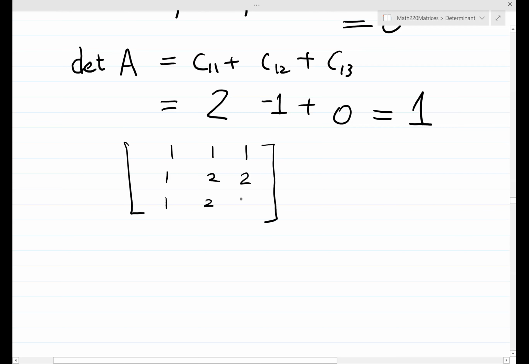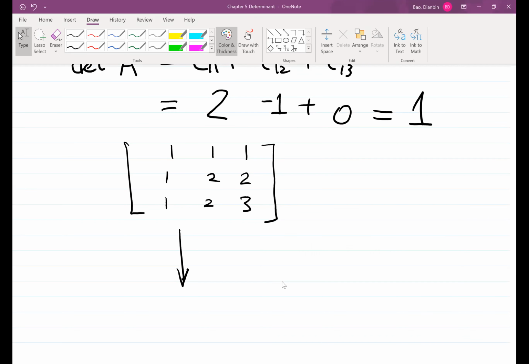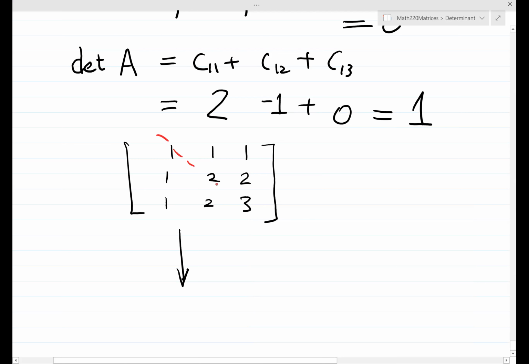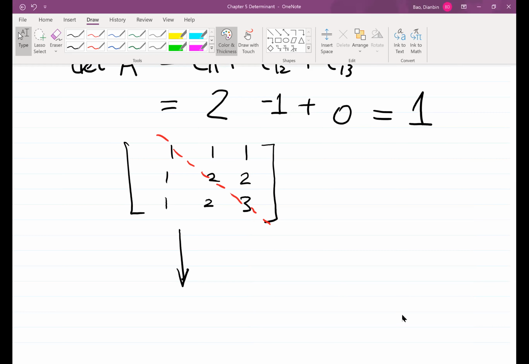So here we do row operations. We want to cancel the entries below the main diagonal. Let me mark the main diagonal in red. We want to make every entry below the red line 0.